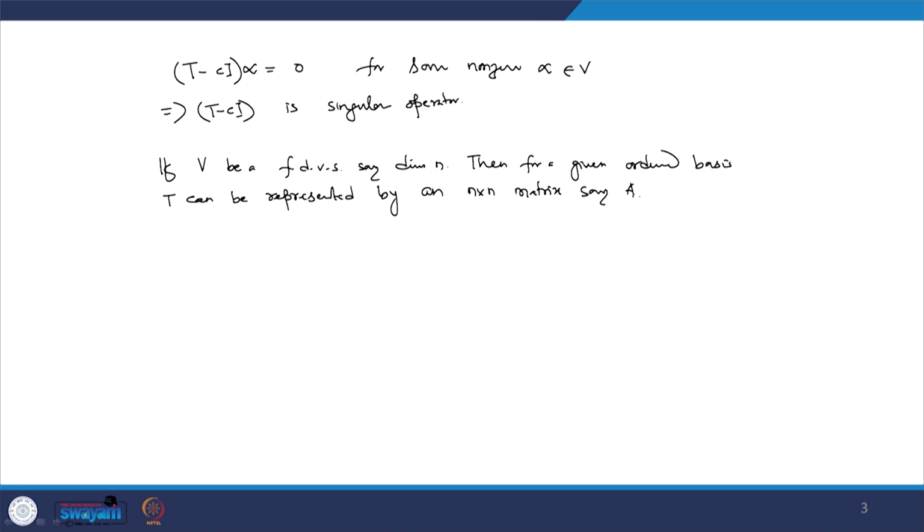And this matrix is also defined over the same field capital F. So, one can also define the concept of eigenvalue for a square matrix. So, let me define the eigenvalue of a square matrix.